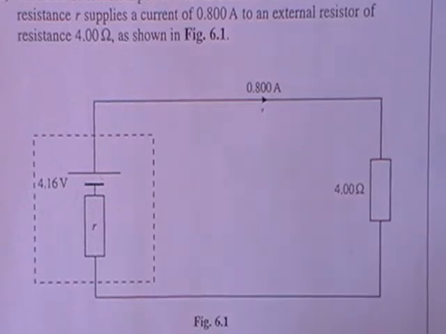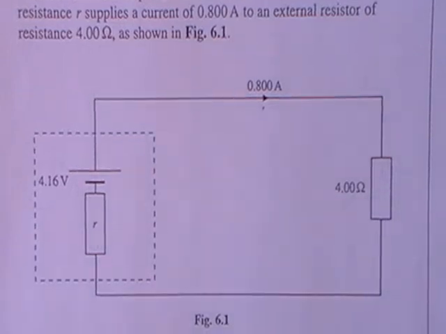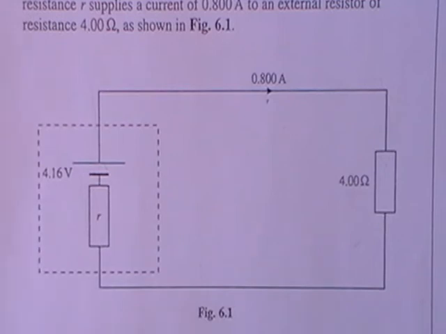And so that's equal to 0.8 r plus 3.2. And so we can just work out what r is equal to by taking 4.16 minus 3.2 equals 0.8 r.